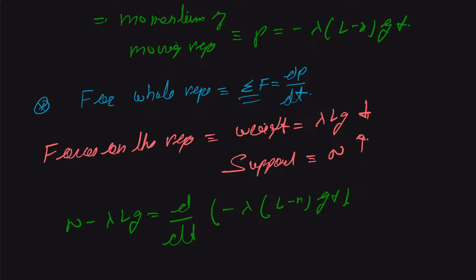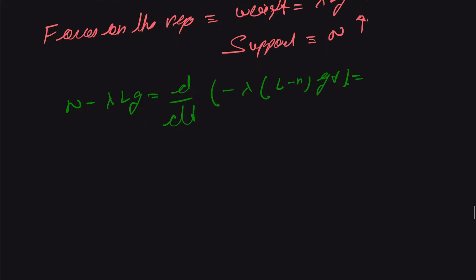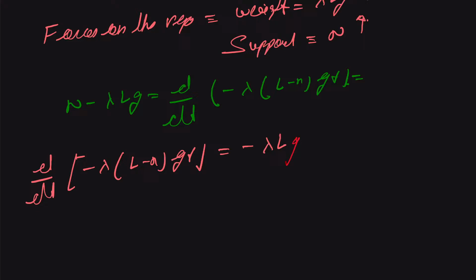Now we simply differentiate it. Let me solve it separately because it will be a multiple variable differentiation. So we have d by dt of minus lambda (L minus x) g t. We get this as minus lambda L g plus lambda g x plus lambda g t dx by dt.